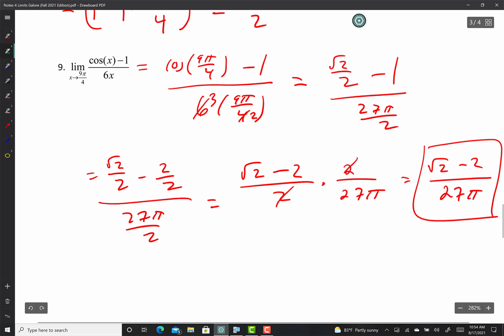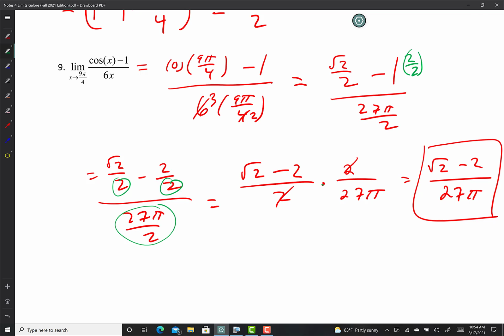I turned the 1 into 2 over 2, and then this is a 2, that's a 2, so I can just combine like terms. Common denominator. So square root of 2 minus 2 over 2, and then keep, change, flip. This is what I flipped, times 2 over 27 pi. Are we okay so far, guys?